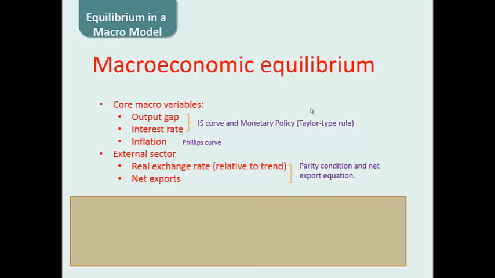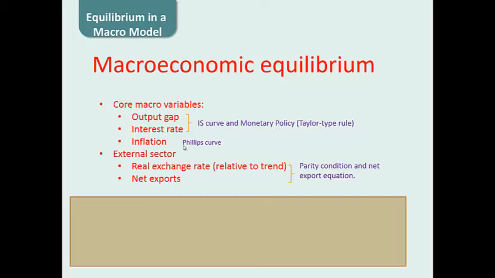Okay, so we've done a lot of work in deriving the IS curve, so now our job is to obtain a macroeconomic equilibrium. The idea is that by using a simultaneous model that reflects the fact that everything happens at once, we're able to obtain equilibrium values for certain core macroeconomic variables. Those variables are the output gap, the interest rate, and we'll be doing this by combining the IS curve and monetary policy.